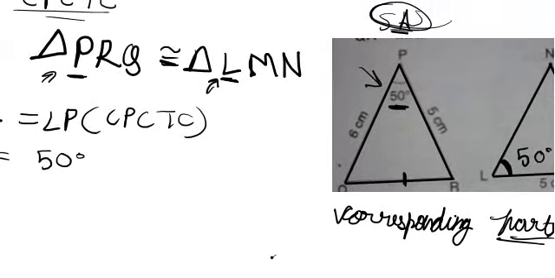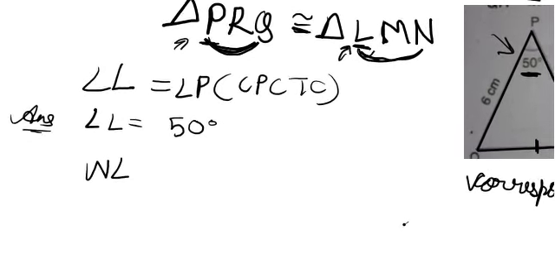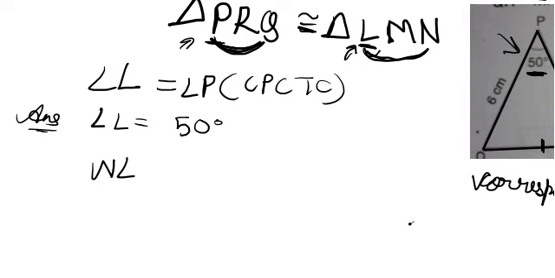All right, then again corresponding parts as well. Now NL is what? First and last letter. So remember, I told you, take the first and last letter of this triangle and the first and last letter of the other triangle, and these two sides will be corresponding, right? So again the same reason here, NL will be equal to PQ, or QP, whatever you want to say.